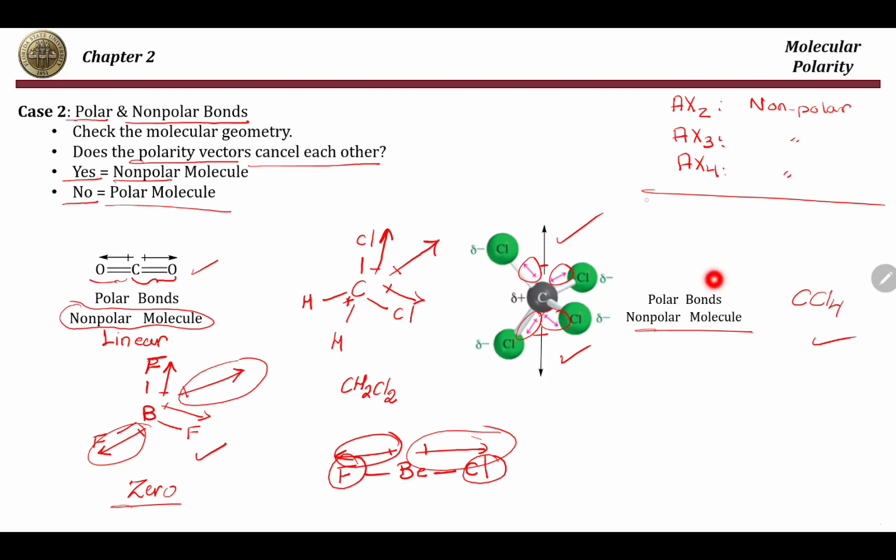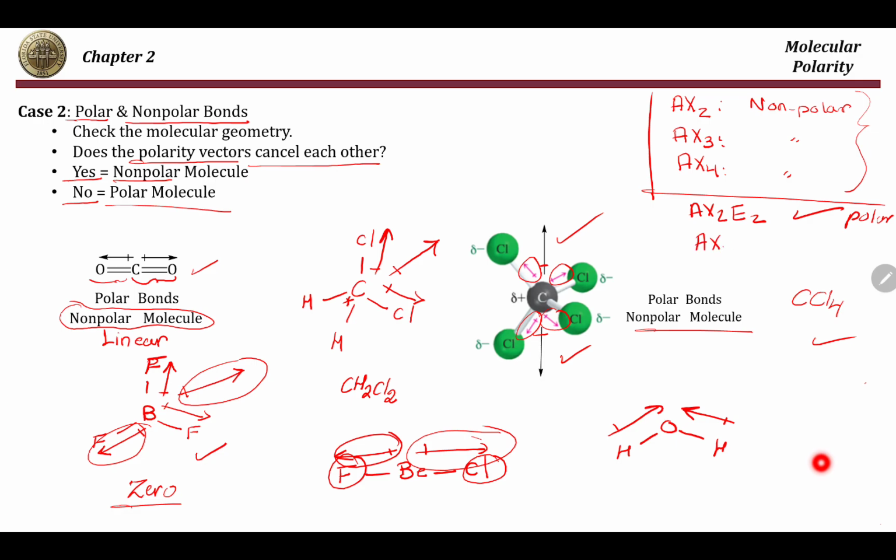So if the peripheral elements were the same, then we can make this generalized assumption that this type of molecules will be actually nonpolar. Whereas AX2E2 molecules, such as in the case of H2O, the polarity vectors will not cancel each other, and that's why this is a polar molecule.